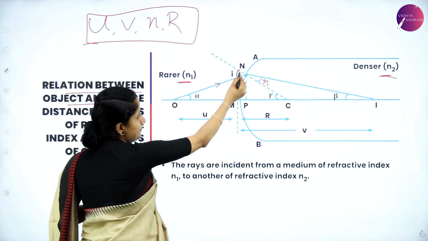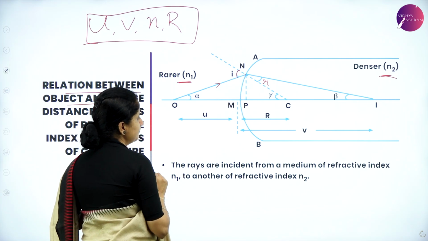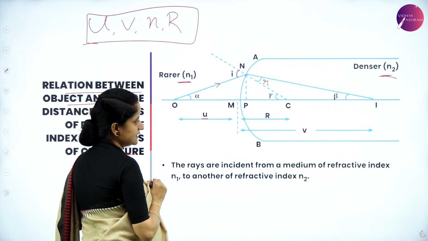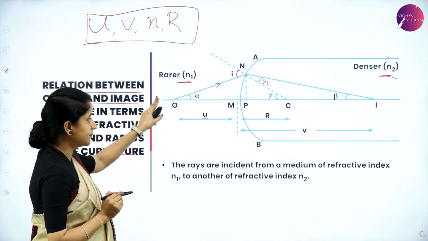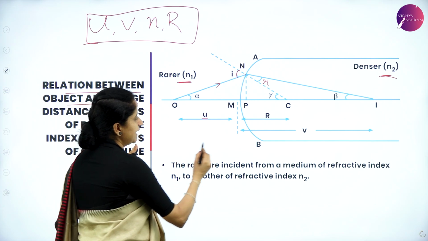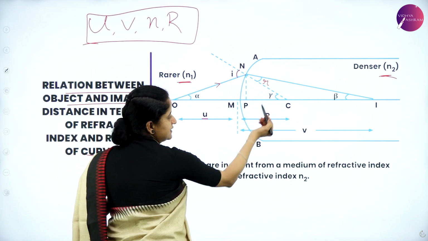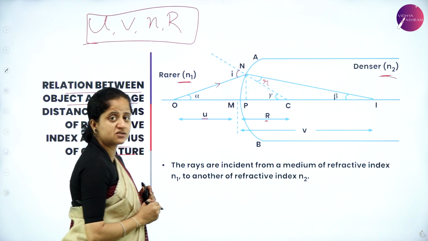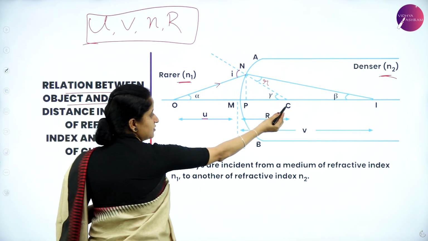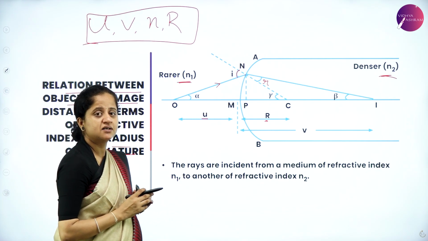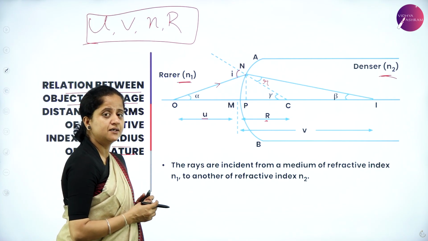Now MN is the normal drawn, and OM or OP is nothing but the object distance. O is the object placed in one medium, and V is the image distance. The distance between the pole and the center of curvature is called the radius of curvature. C is the center of curvature, and P is the pole, or we can even call it the center of the optical surface.